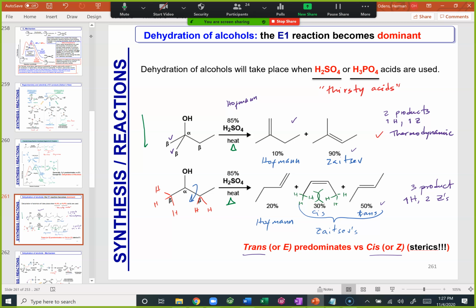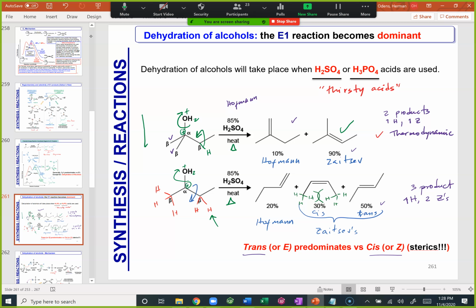So if we deprotonate here, that will put a double bond here, and that will create the Zaitsev product. On the next example, when we deprotonate here, and before you think about this, the OH has to leave in the form of water, like that, and it's going to leave a plus right there.